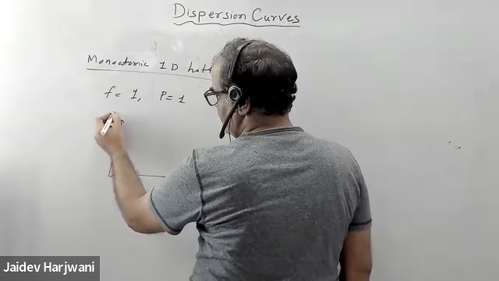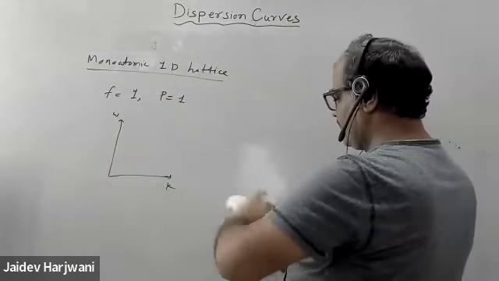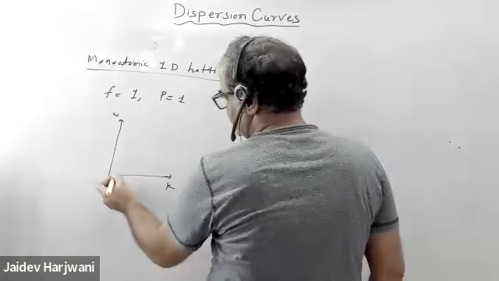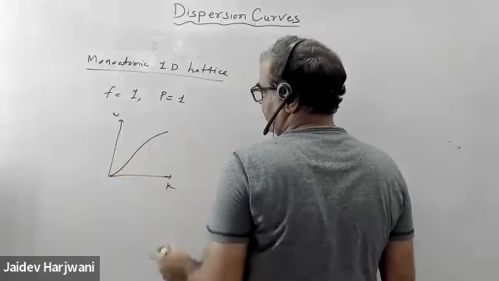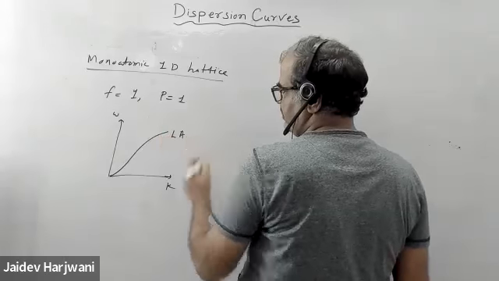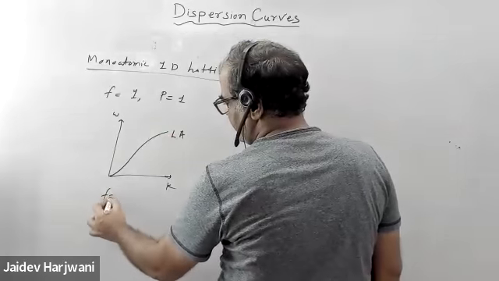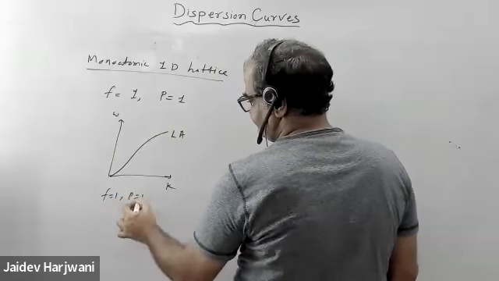Yesterday we saw the omega versus k graph, and we get only this curve. That is called the longitudinal acoustic branch. This is for f equal to 1 and p equal to 1.